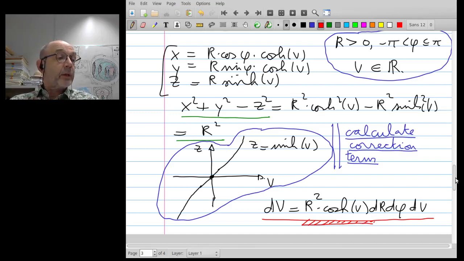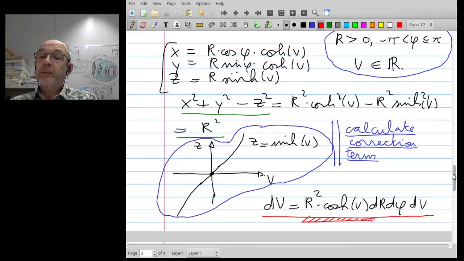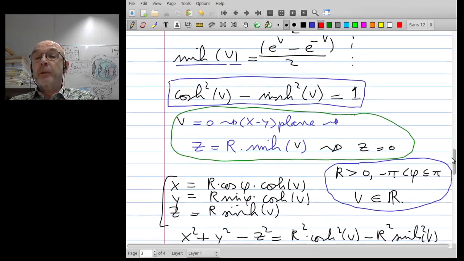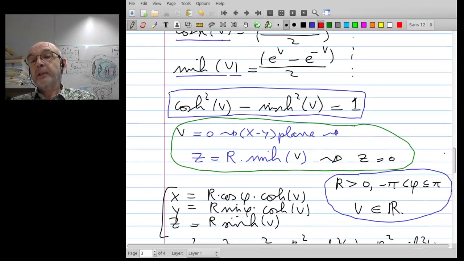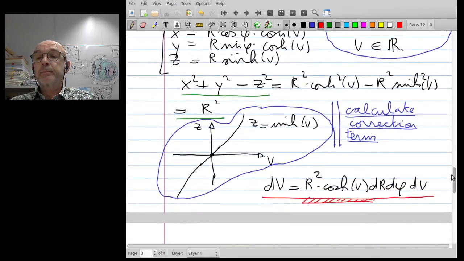There's a lot of work, but it's nice to do once. Then you know how you come to that correction term. So that's for the hyperboloid. We make use of the cosine hyperbolic squared minus sine hyperbolic squared being equal to 1.